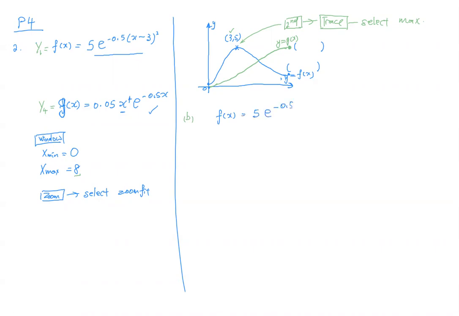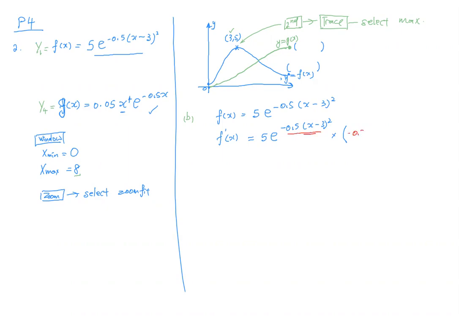This is a mere exponential term, simple rule. So your f prime x, copy down the whole thing, times by the derivative of the power here. This one you have to use chain rule.